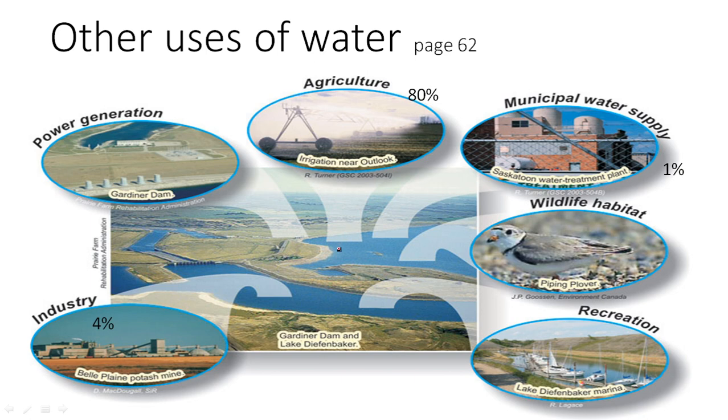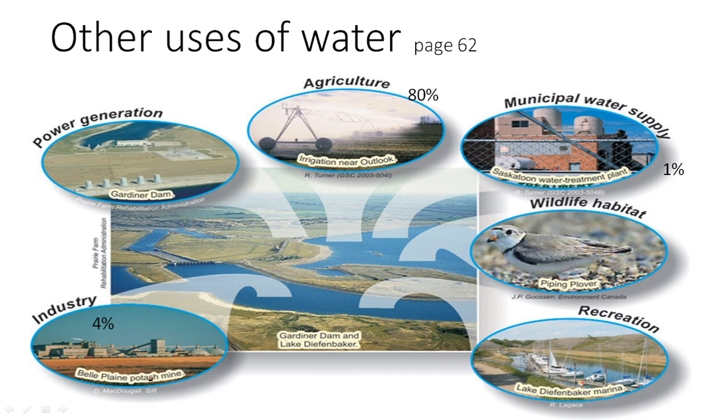Agriculture is a very important one. We spend a lot of water in agriculture. Also, we can use water for producing energy. There are some power plants that are run by water. Then we have, what else?